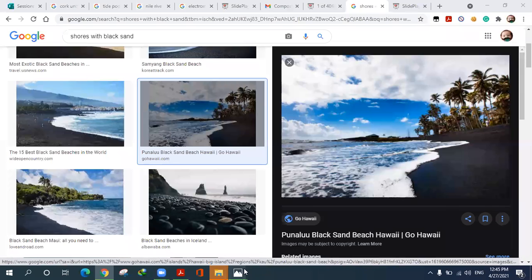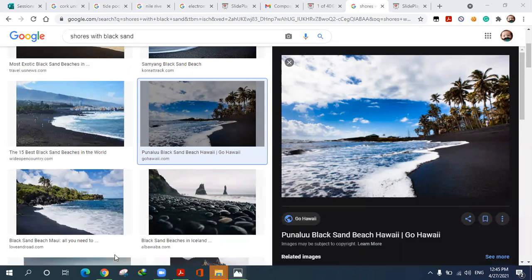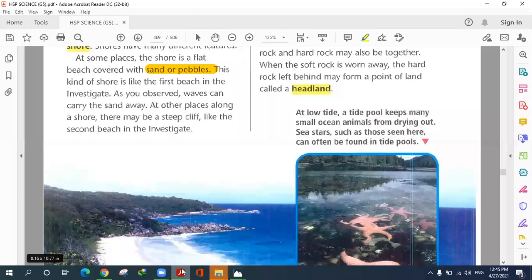Remember that? Yes. The rocks change into sediments and they move and they form sediments. Exactly, yes. So also the waves attacking the shore all the time will change its shape. Like with time, the water will actually break down more and more of the land, causing different shapes of the shore. Okay.